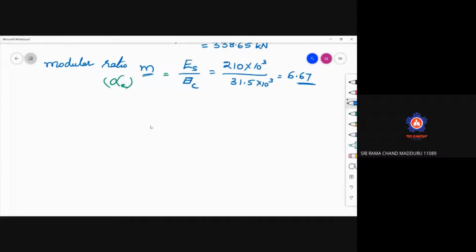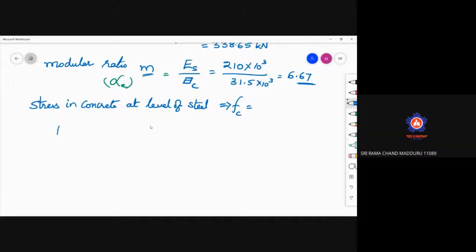Now we need to write down the stress in concrete at level of steel, FC. I'm calculating the stress in concrete at level of steel. FC is equal to, so we know what the formula is.